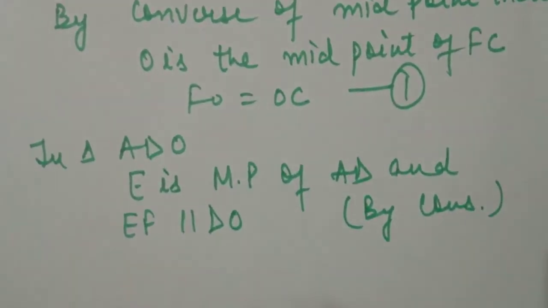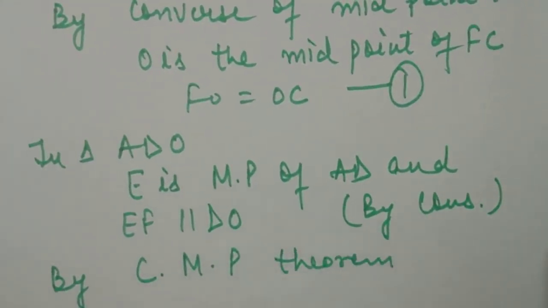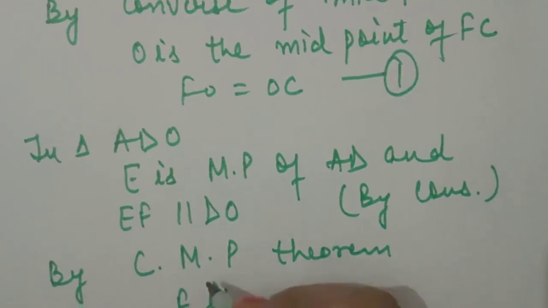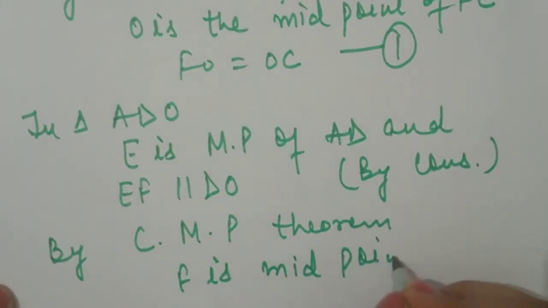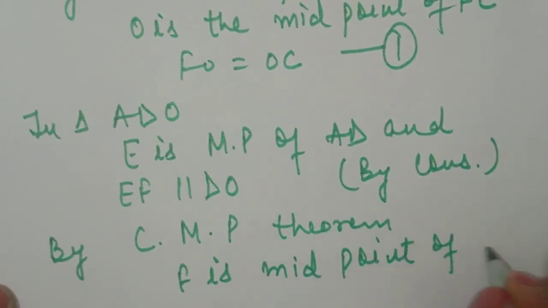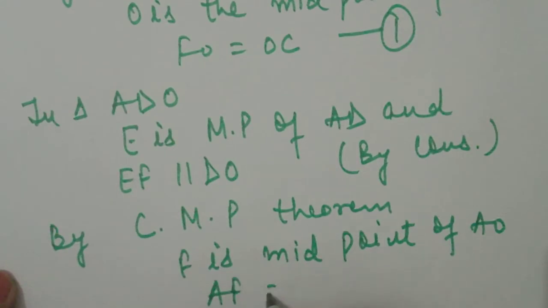So students, by the converse of the midpoint theorem, F is the midpoint of AO. So AF is equal to FO, equation number 2.